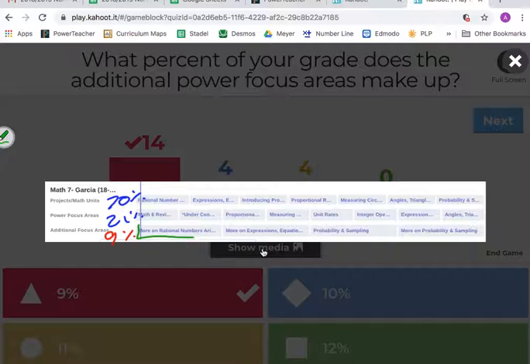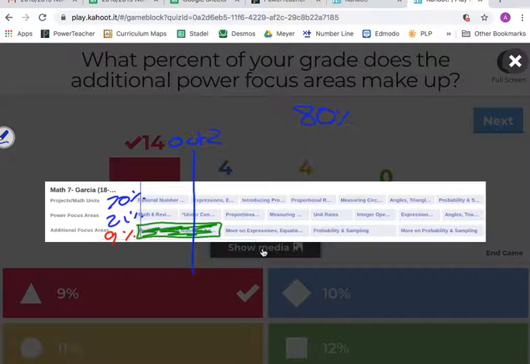Now, what makes these tricky? I'm going to try to explain this so you understand. If you do the first one, and it turns green, and let's say the blue line is right here. If you have an 80% without the additional, and you do one of these, and let's say this is October 2nd. You've done the first one.